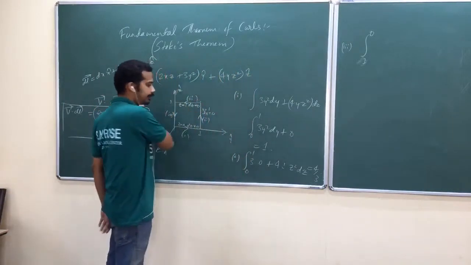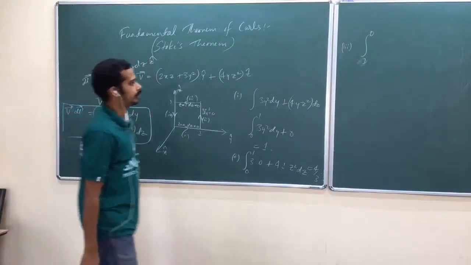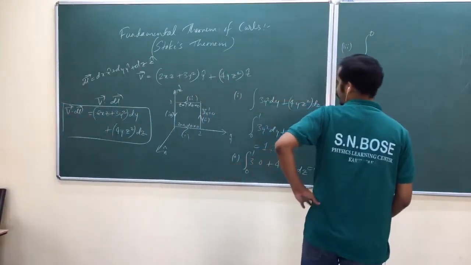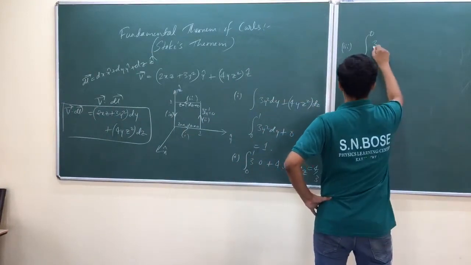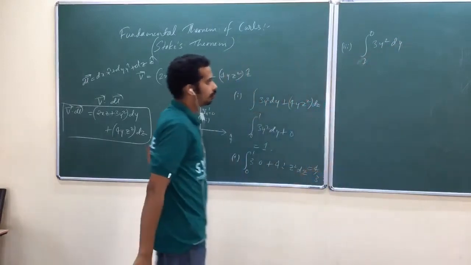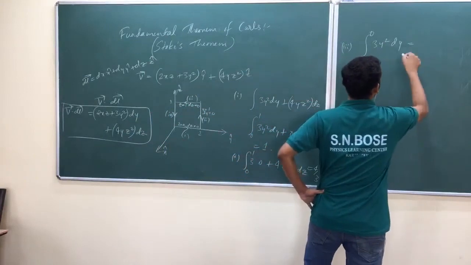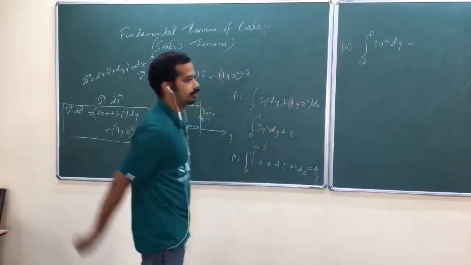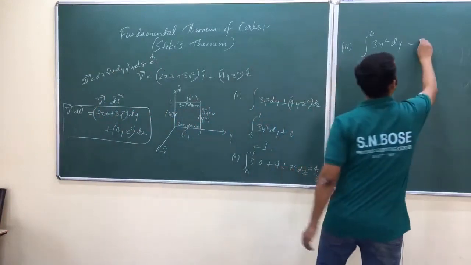This path integral will be different from that path integral, isn't it? So 1 to 0, z equal to 1, dz equal to 0, this part is equal to 0, 3y square dy. Y cube by 3 from 1 to 0, upper limit minus lower limit, gives minus 1. Check it out.